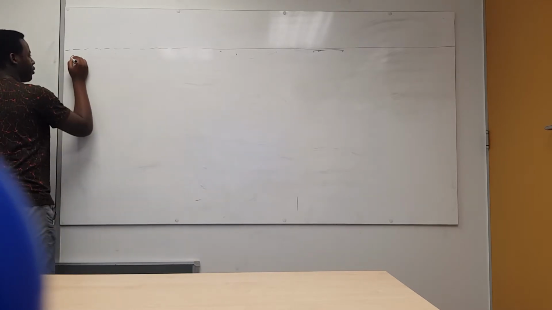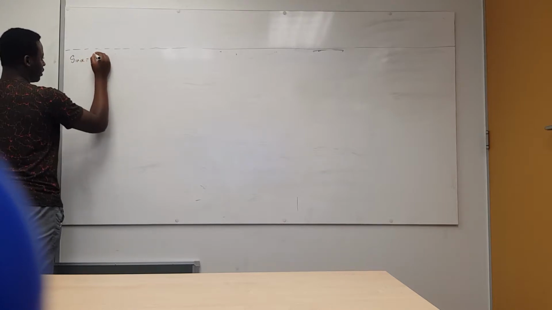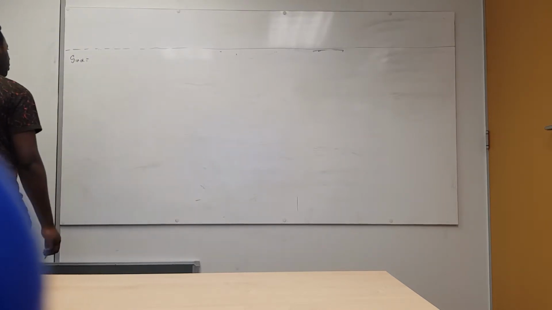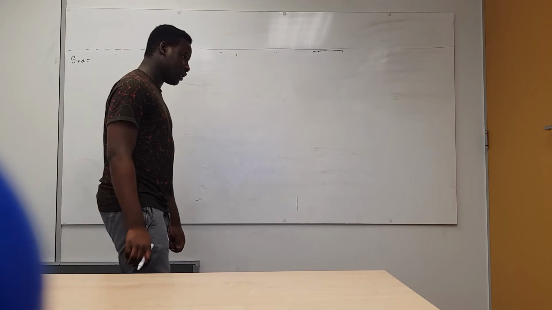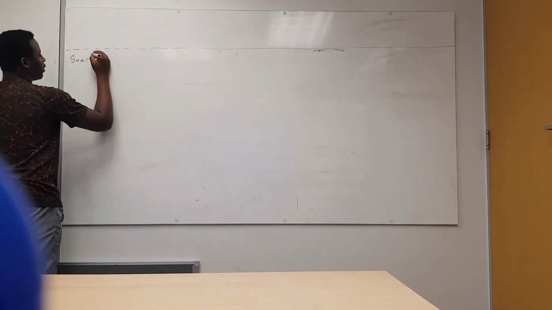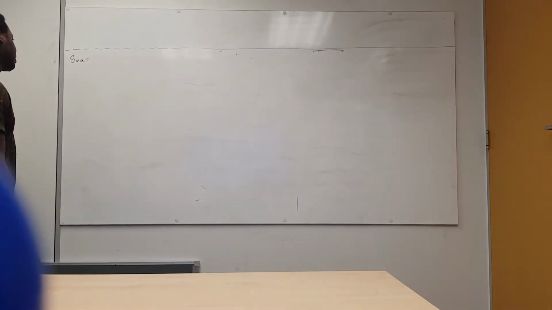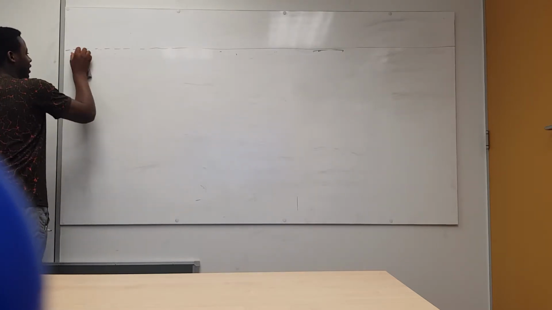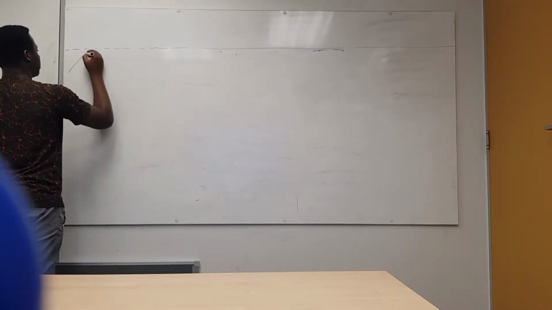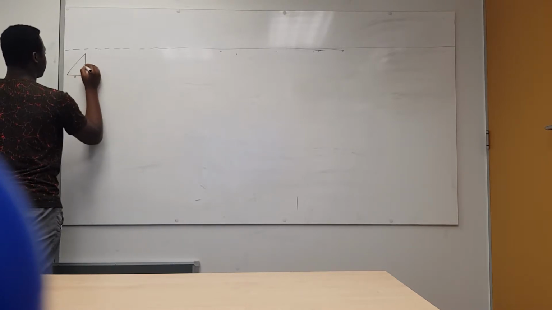So I think we all know this: sine of x is the opposite divided by the hypotenuse. Cosine is the adjacent divided by the hypotenuse. Let's say a right angle triangle is made of 3 sides.